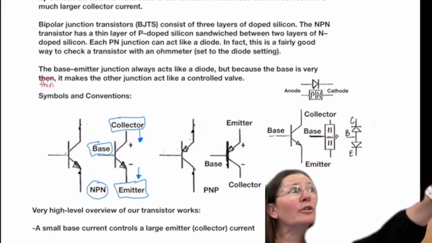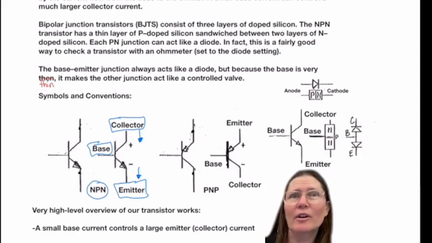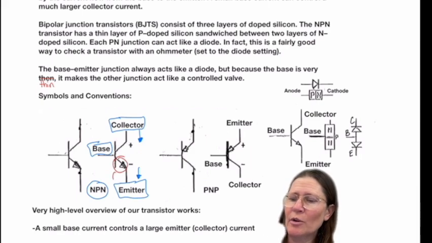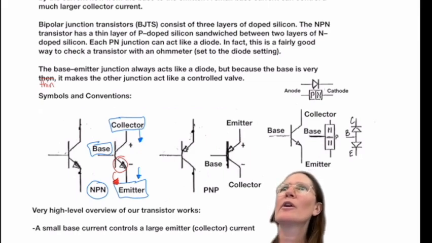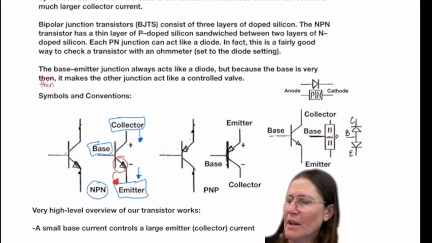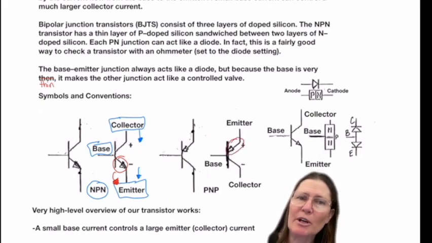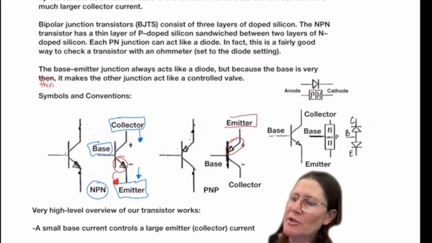Okay, so the little arrow on this one. So that's how you know it's the emitter side, is the arrow on the BJT. So here you see that the arrow's actually at the top and going in. So that side will be your emitter side.